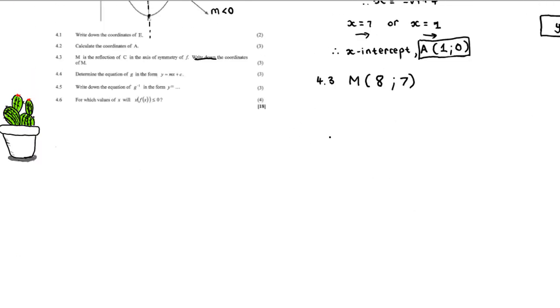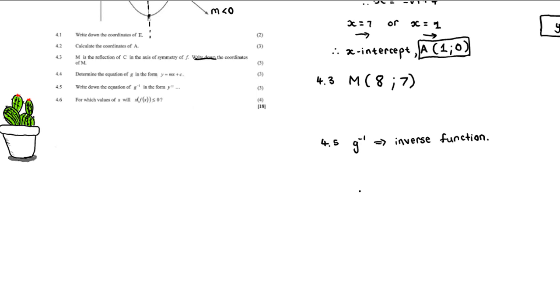So g to the minus 1 is an inverse function. We haven't gotten there on the channel specifically, but that doesn't really matter.